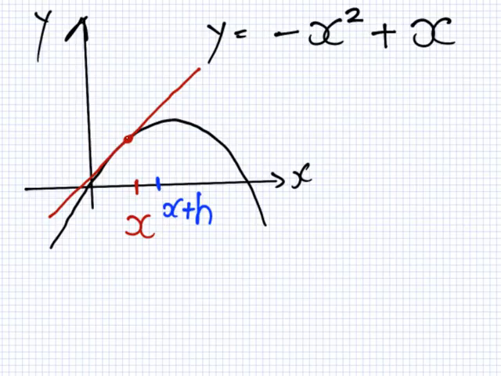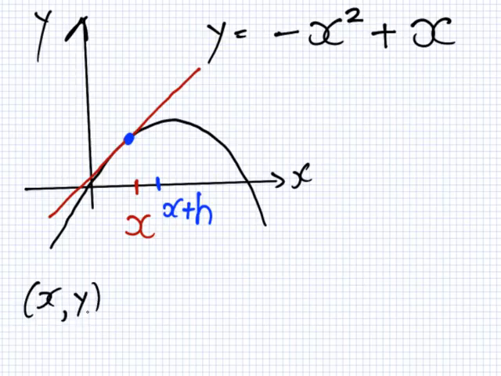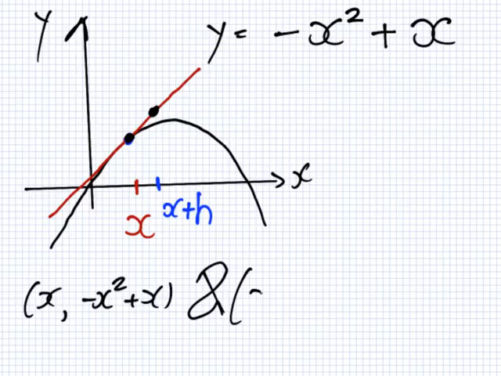So let's look at the 2 points. The first point here will be x and y, but we know what the y is. It's minus x squared plus x. So this is the first point here. The second point, which is here, what would that be? So this is the first one, and the second one is x plus h, and then what's the y?